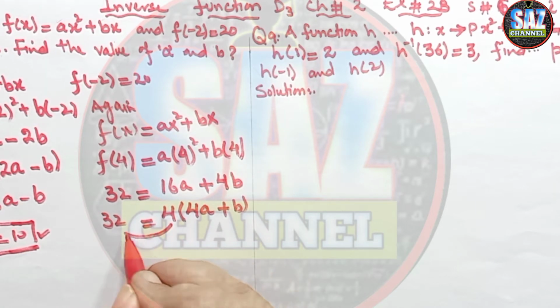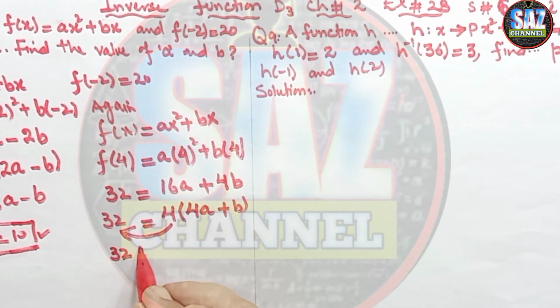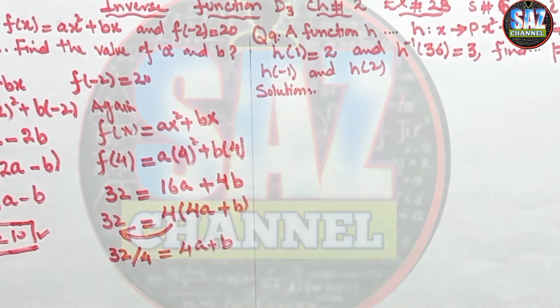Shift 4 to other side and the equation will take the form 32 divided by 4 equals 4a plus b, and 32 divided by 4 will give me 8 equals 4a plus b.